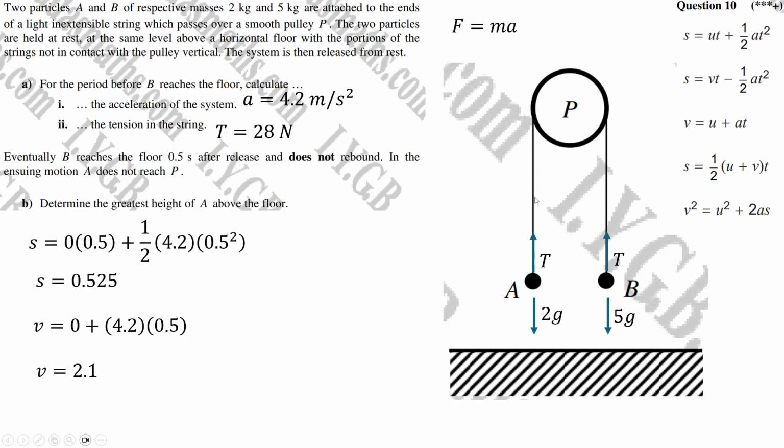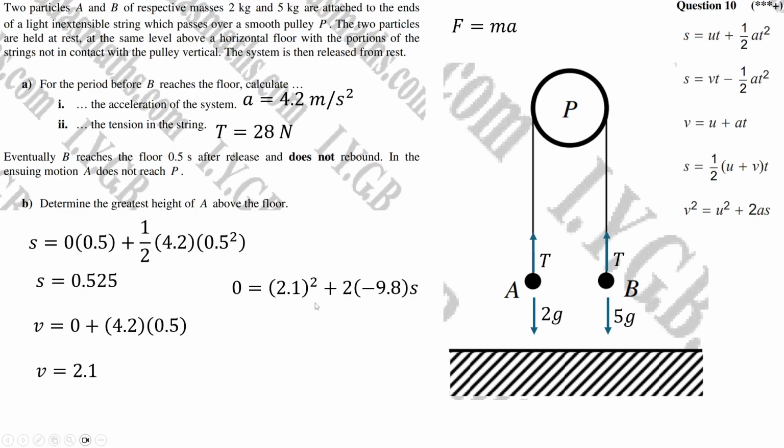Now its initial velocity here, just before it's jerked, is 2.1, and its acceleration is minus 9.8 meters per second squared, so it's going against gravity. Its displacement is s, because we don't know what that is, and its final velocity is 0, because it'll be at rest.